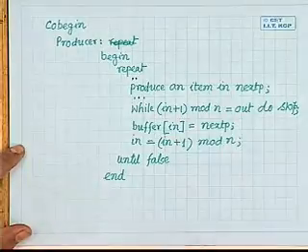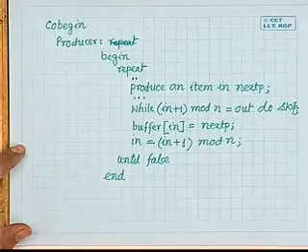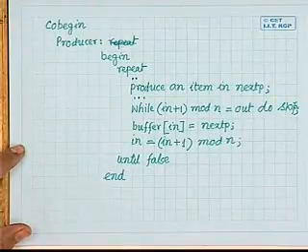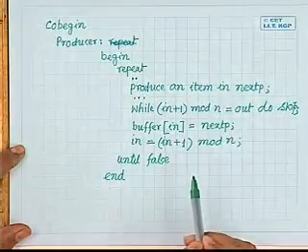If I want to do that, then obviously this algorithm will not help. So what can be done is, in addition to using these in and out pointers, we can have a counter.